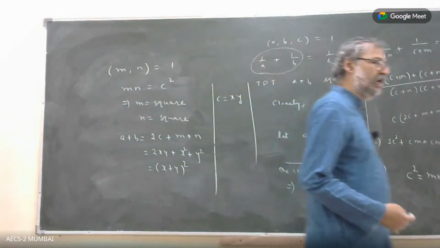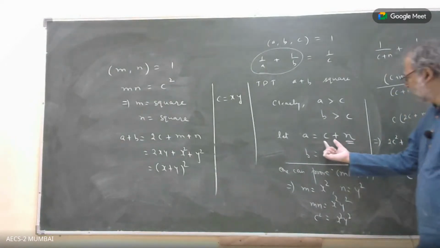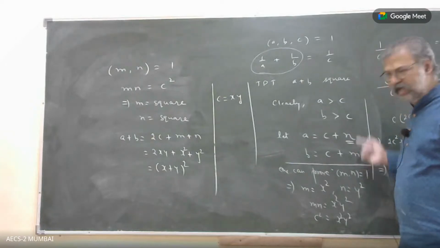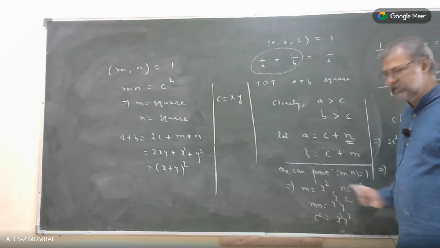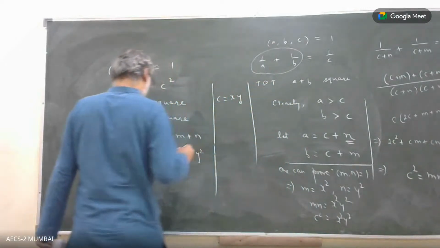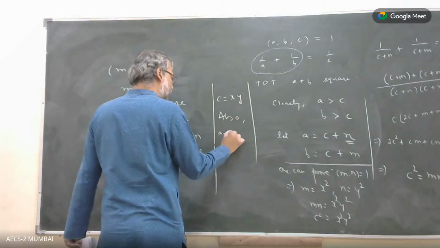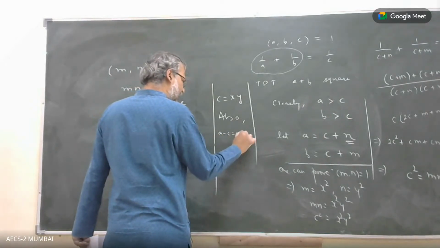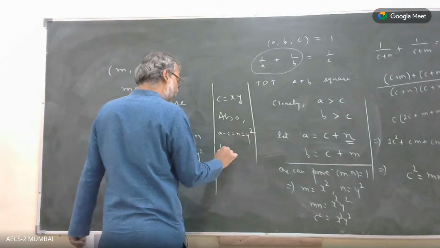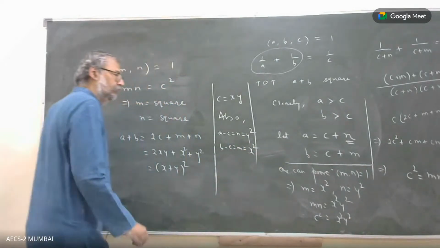So we have our first part, a plus b is square, as well as a minus c and b minus c are m and n, which are already squares. Also a minus c is n, which is y square, and b minus c is m, which is x square.